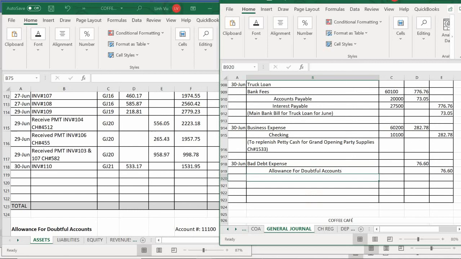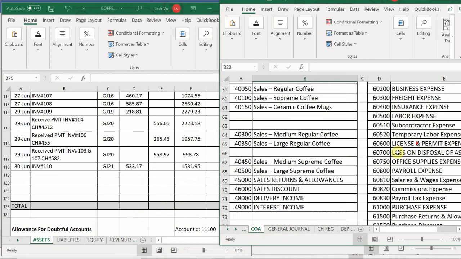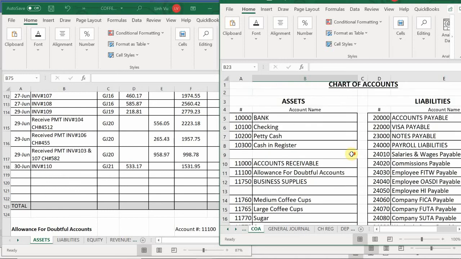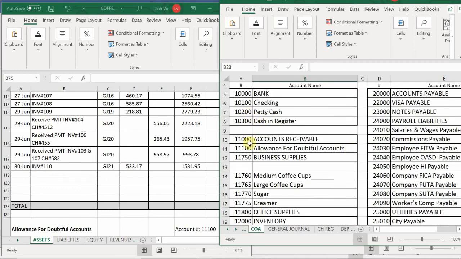Okay? And then what are those account numbers? The bad debt expense is 65,000, and then the allowance for doubtful accounts is 11,100.